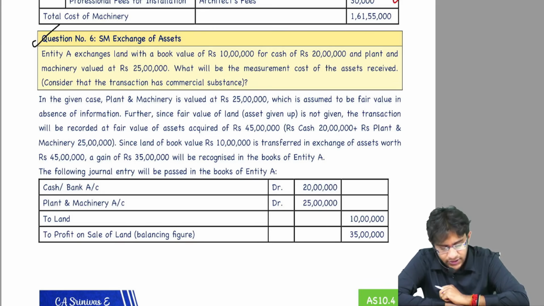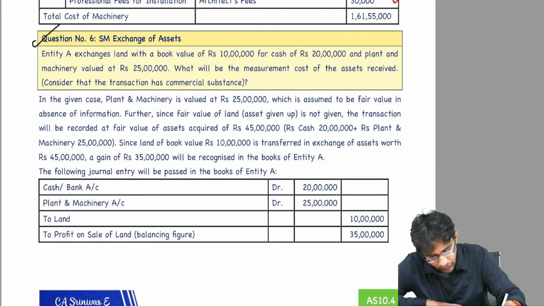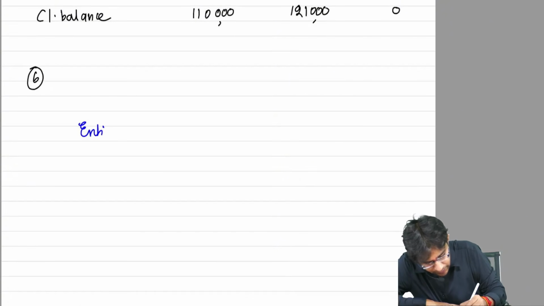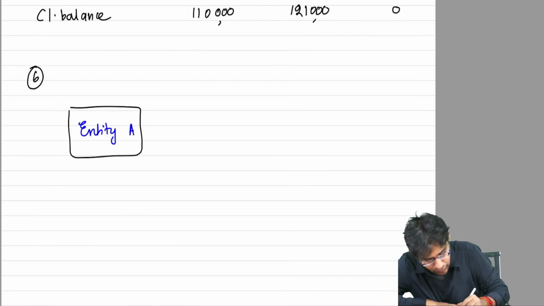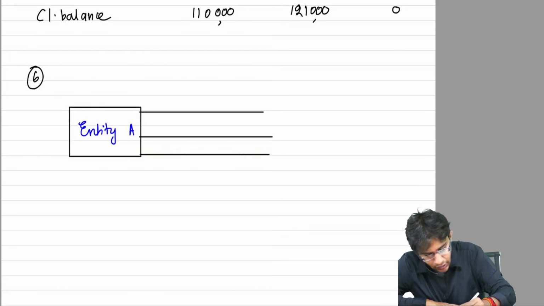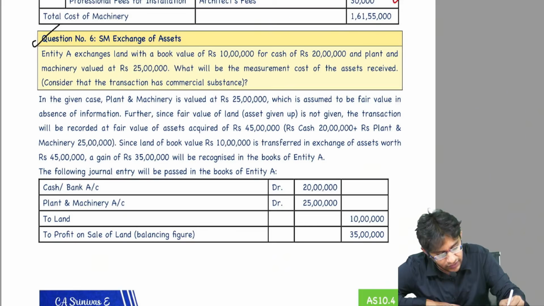Entity A exchanges land with a book value of 10 lakhs for cash of 20 lakhs and plant and machinery valued at 25 lakhs. Oh wow. So question number 6, if you are entity A, see what you are getting. You exchange land with a book value of 10 lakhs.